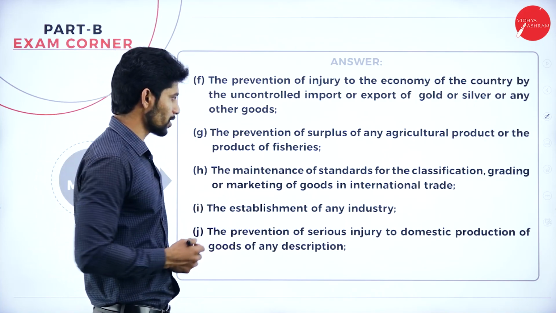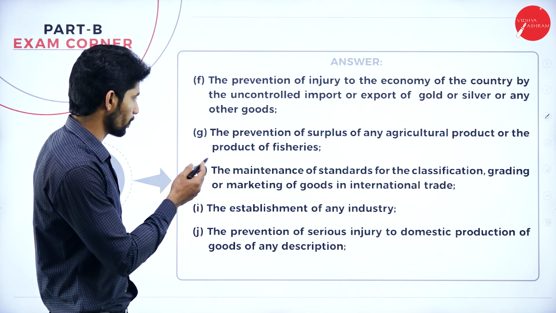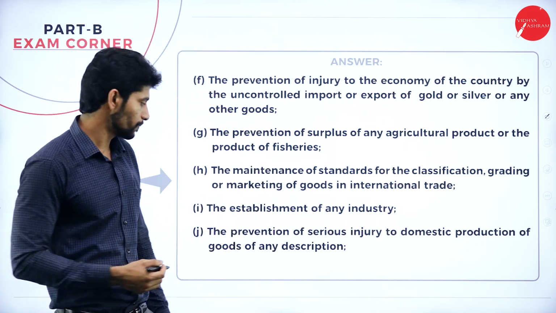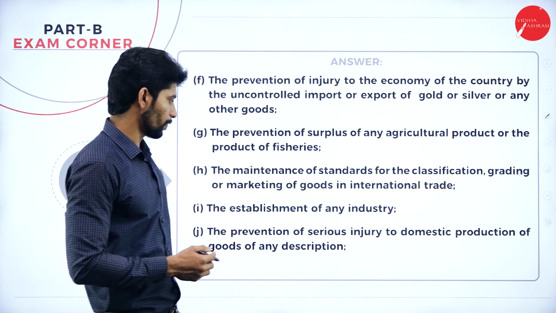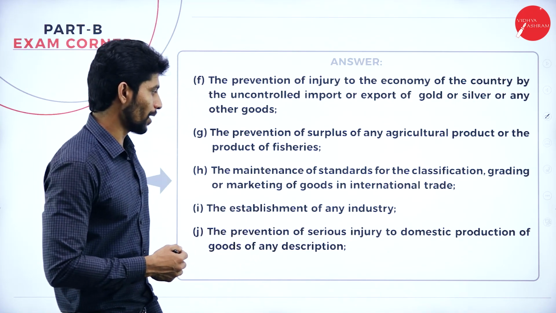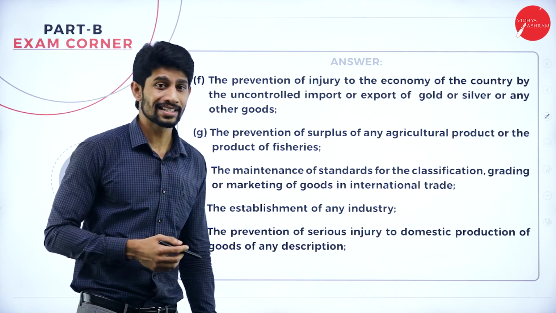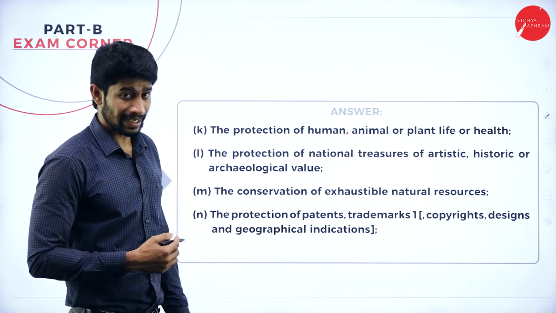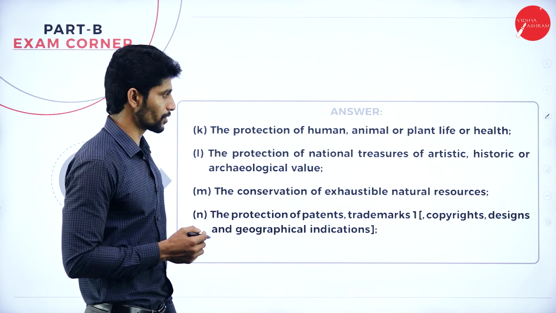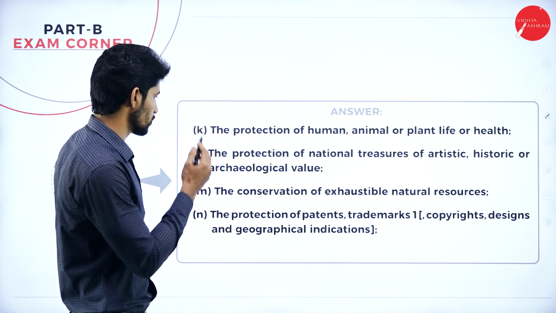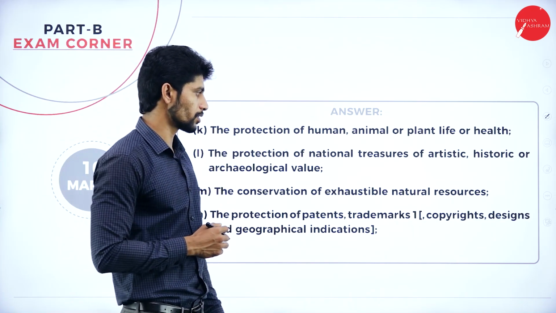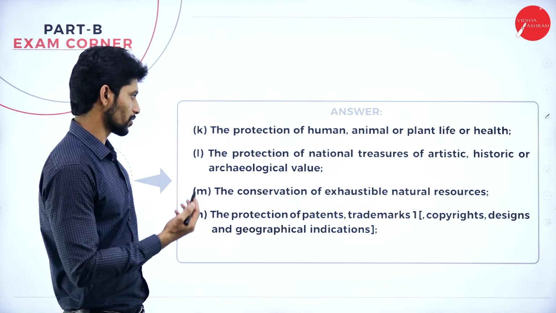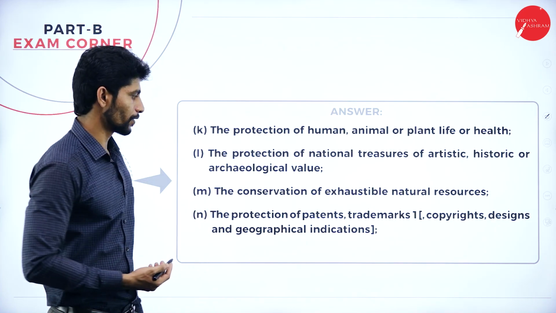And next, the maintenance of standards for the classification, grading or marketing of goods in international trade and the establishment of any industry. Next, the prevention of serious injury to domestic production of goods of any description, and the protection of human, animal or plant life or health, and the protection of national treasures of artistic, historic or archaeological value, the conservation of exhaustible resources, and the protection of patents, trademarks, copyrights, designs and geographical indications.